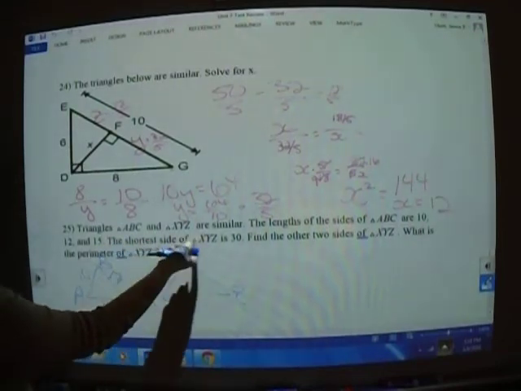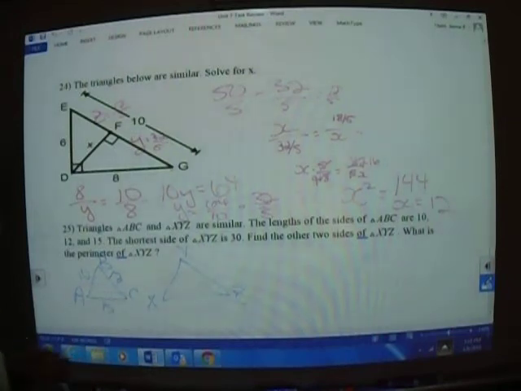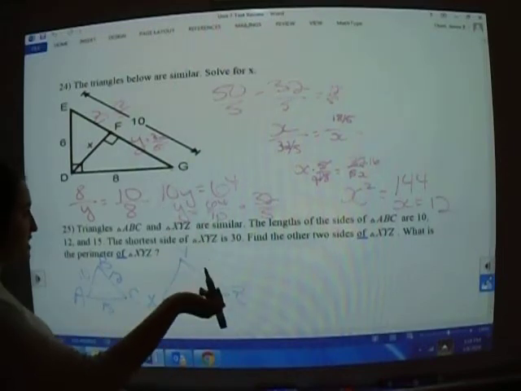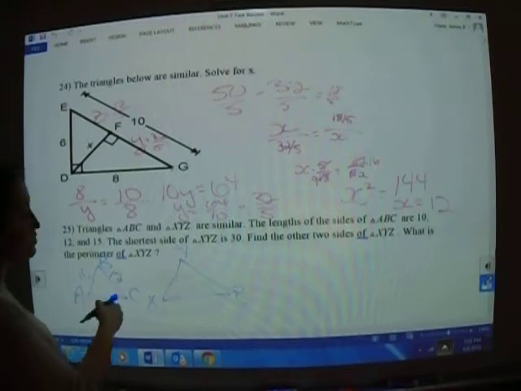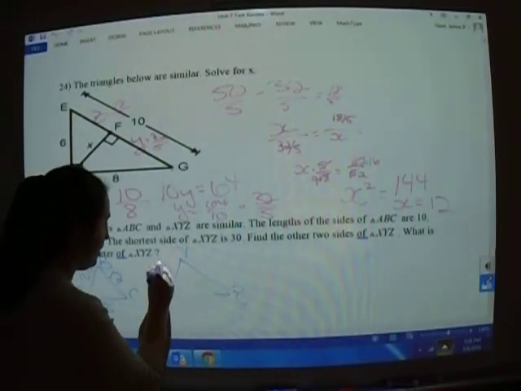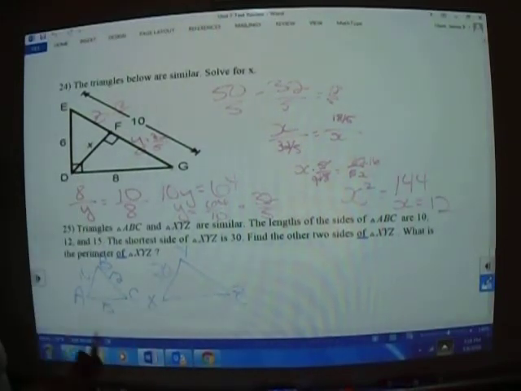The shortest side of triangle XYZ is 30. So you look at ABC, the shortest side is AB, because that's 10. So the shortest side of XYZ is 30, and it's the corresponding side to AB, or to 10, so this is 30. Alright? So now, we need to find out what the other two sides are, and then what the perimeter is. Which is just all three sides added up.